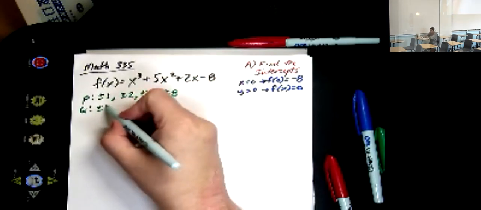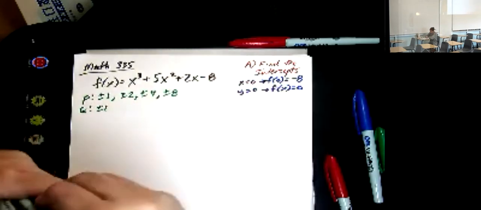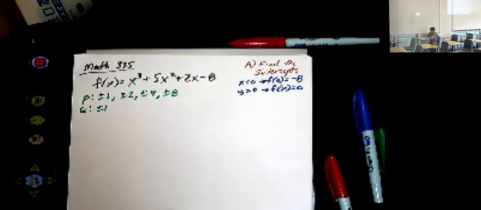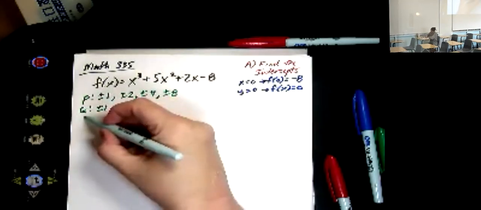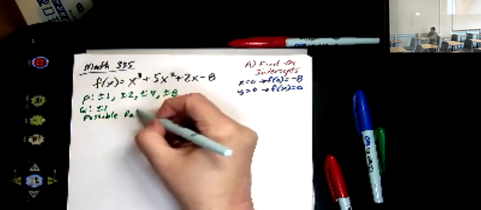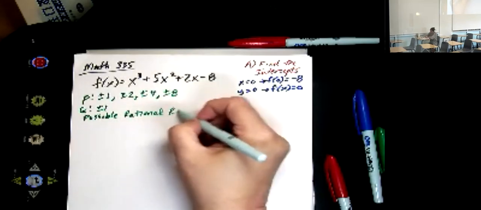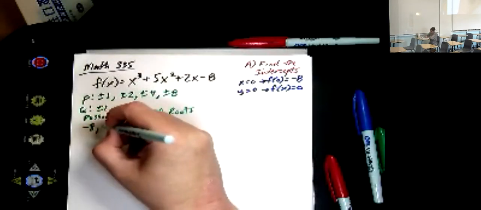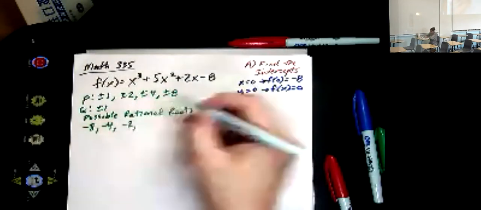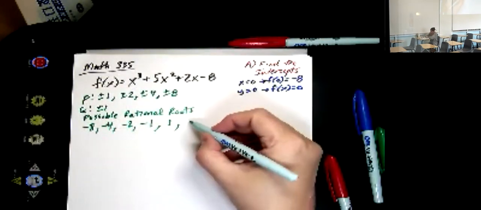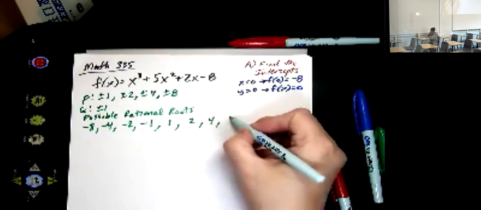Q is just 1, which means our possible rational roots in order are negative 8, negative 4, negative 2, negative 1, 1, 2, 4, and 8.